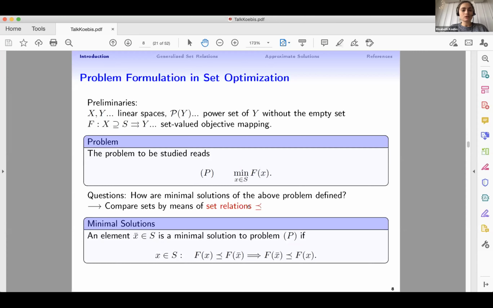And then minimal solutions are defined as follows. We say that an element x bar, which is in the feasible set S, is a solution of this problem P if for all x in S, this implication holds. This means that if we have an f of x that is better or equal than f of x bar, then it follows that f of x bar is better or equal than f of x.